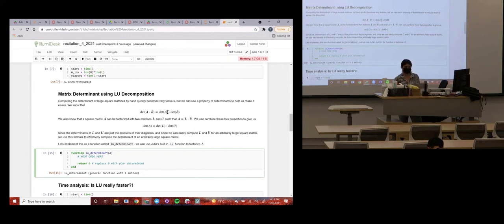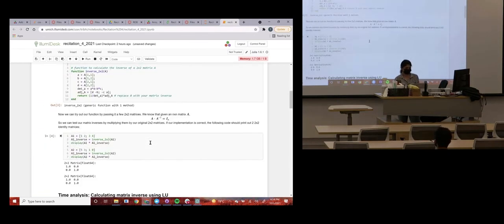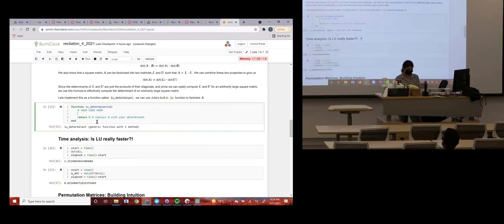And then the determinant of A times determinant of B. And using that logic, the determinant of A is then the determinant of L times the determinant of U. It's a lot easier to compute the determinant of triangular matrices because we know that the determinant is what? For triangular matrices, the product of the diagonals, right? Which is also what Julia uses if you do specify that these are actually upper and lower triangular matrices.